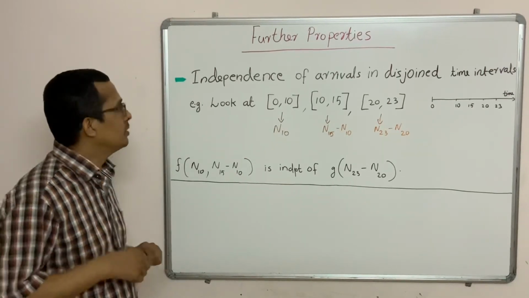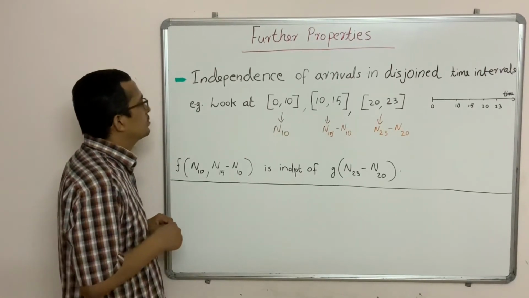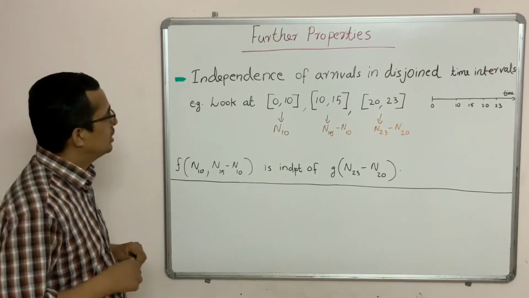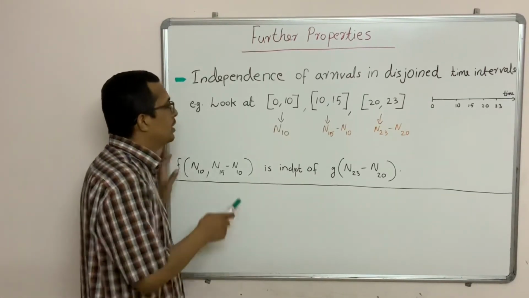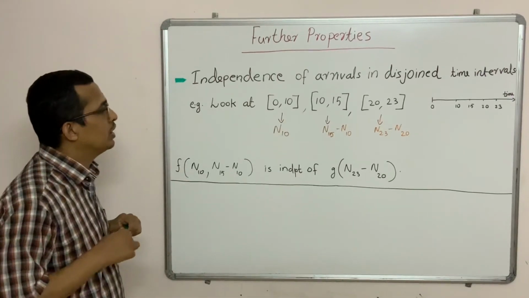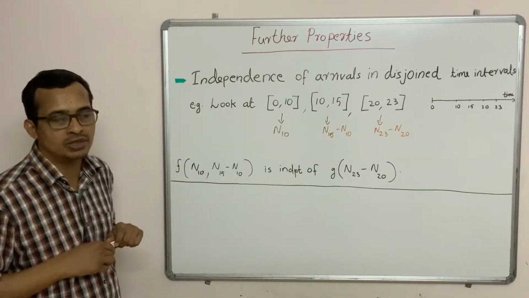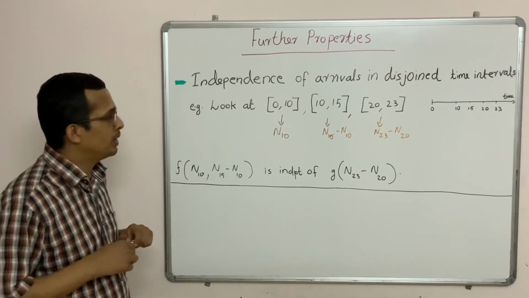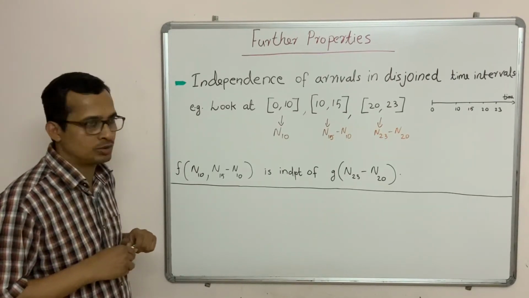As a result, I just want to illustrate it with a few disjoint intervals. Let's take the intervals 0 to 10, 10 to 15 and 20 to 23. These three intervals are clearly disjoint.